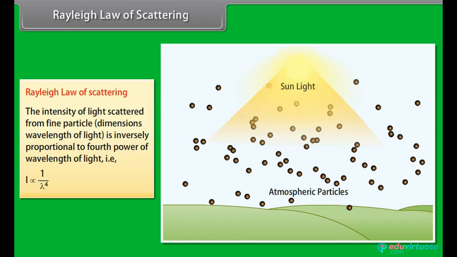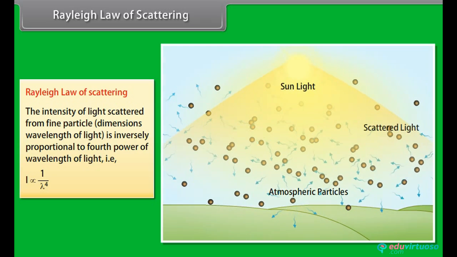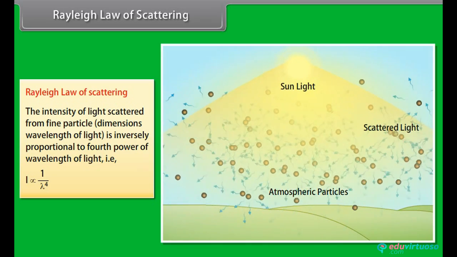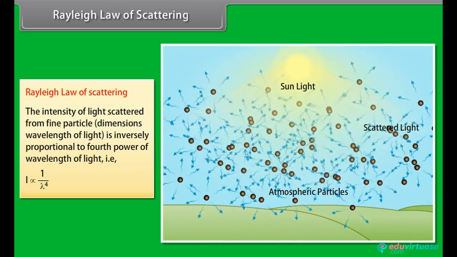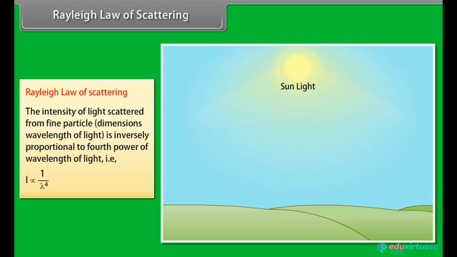Sunlight reaches the Earth's atmosphere and is scattered in all directions by all the gases and particles in the air. Blue is scattered more than other colors because it travels as shorter waves. This is why we see a blue sky most of the time.